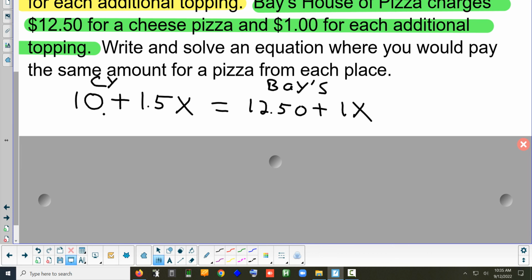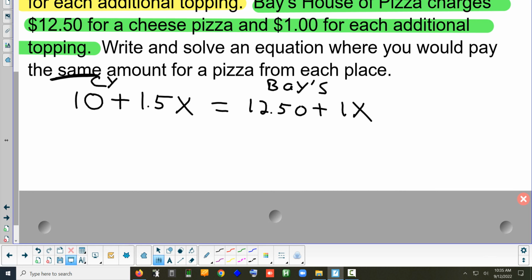And they said to write an equation where they come out the same. So set the cost of one pizza place equal to the other and solve it. And this will tell you how many toppings you could get, and it would not matter which pizza place you ordered from. All right, so let's start by, how would I move this 1x to the other side?